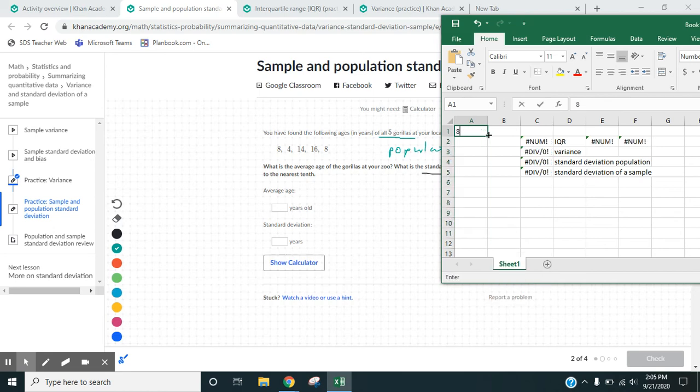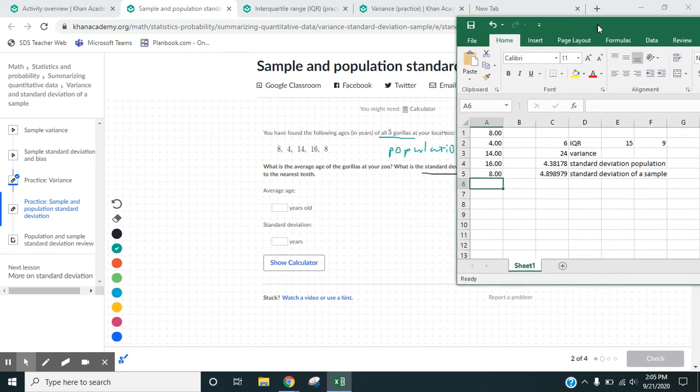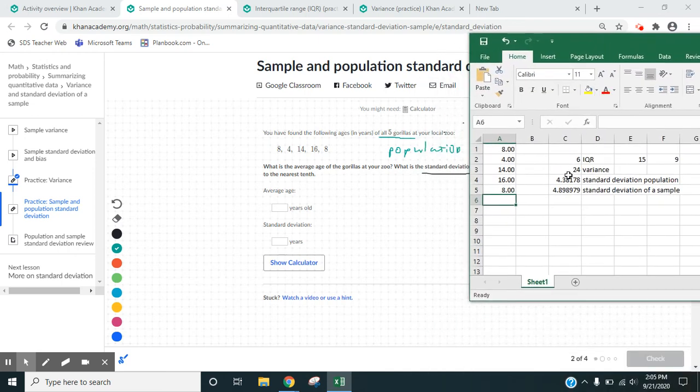Type in 8, 4, 14, type in all the numbers. If I want the sample standard deviation, it would be this. However, we want population on this one because we measured the ages of all of the gorillas at the zoo.